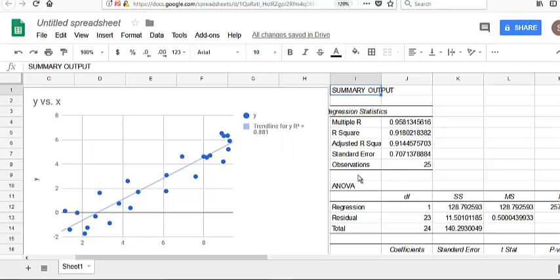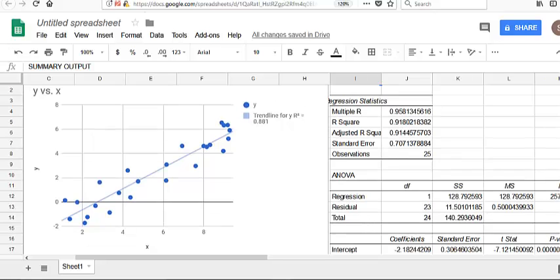I hadn't noticed that before. Anyway, I've never shown the equation on the chart before; I've always just used this. So this is 0.88 versus 0.92. They're not exactly the same. Okay, so that's important, r squared.